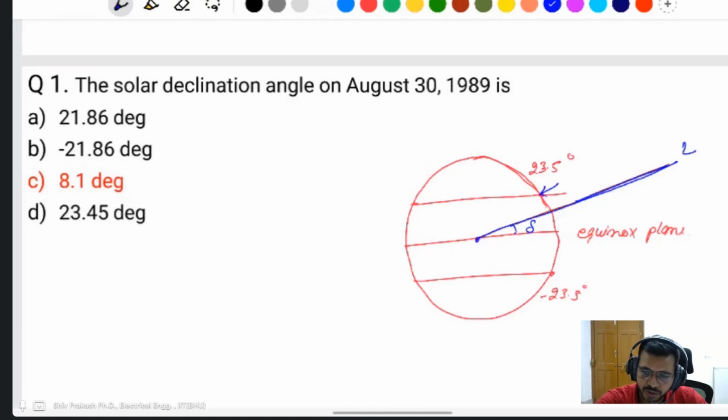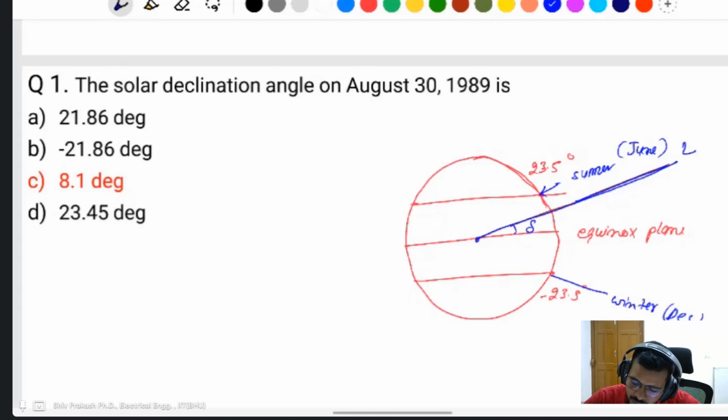This will be June, at summer you can say, and this will be winter in December. This will be March and September.